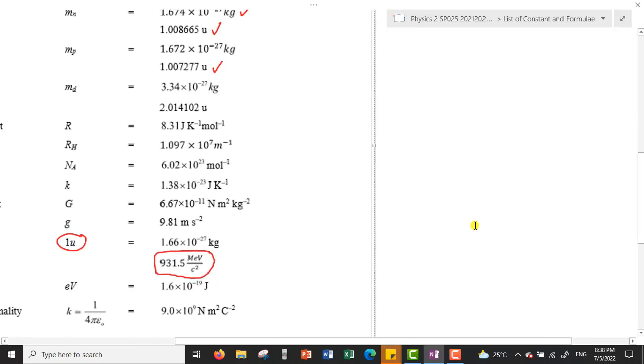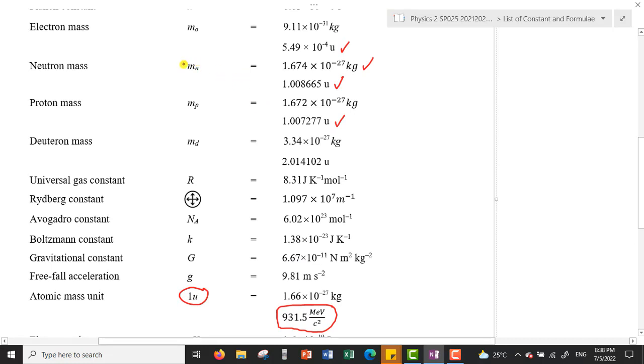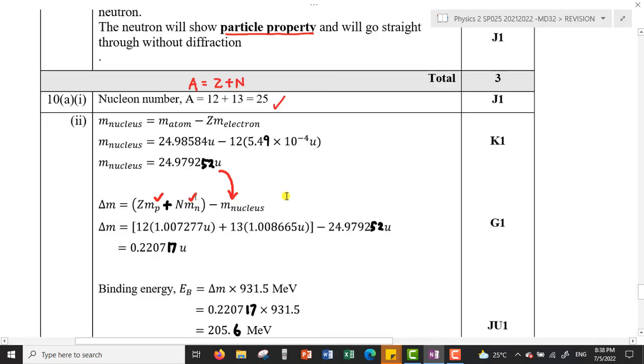You boleh dapat mass untuk neutron dan juga mass of the proton here. So, pastikan anda tahu di mana you nak cari nilai tersebut, and minus with the mass of the nucleus that we have calculated from the mass of the atom, and then we will get the mass defect is 0.220717 U.